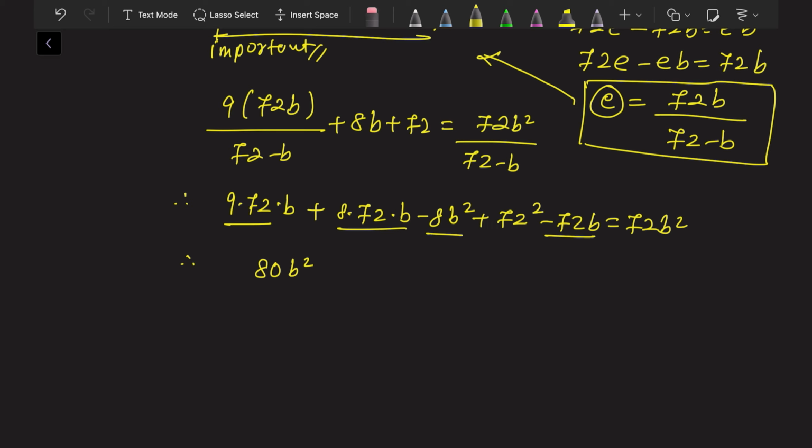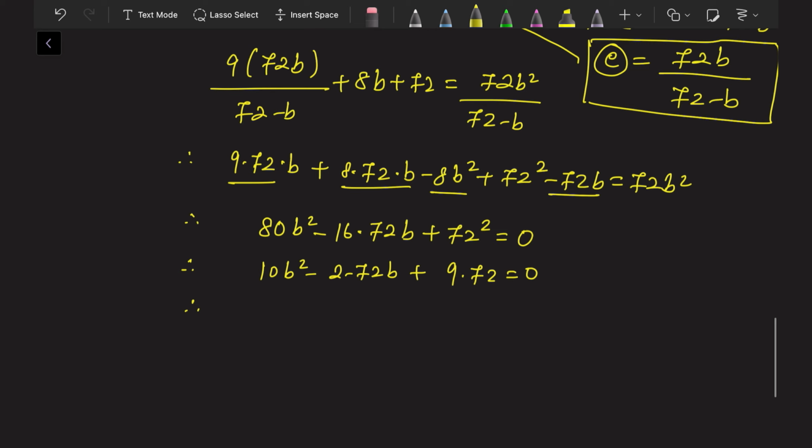So 8 plus 9 is 17, 17 minus 1 is 16, and it is moving to that side. So we have negative 16 times 72b and plus 72 square, and this results in 0. First of all, what we can cancel out is from the table of 8: 10b square minus 2 into 72b plus 1 of the 72, from the table of 8 will become 9 into 72, and that is 0.